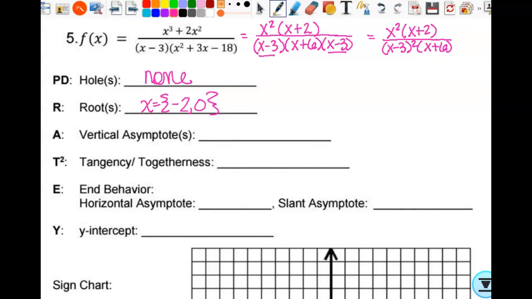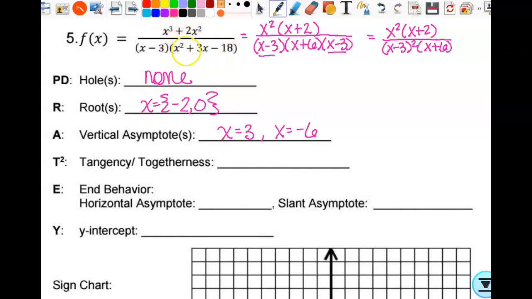I have two vertical asymptotes, which would be x equals 3 and x equals -6. Do I have any tangency or togetherness? Togetherness. And do I have tangency? I have tangency too. Remember, x is a factor, so I have this squared up here. Now, an x squared like this doesn't tell me anything, right?